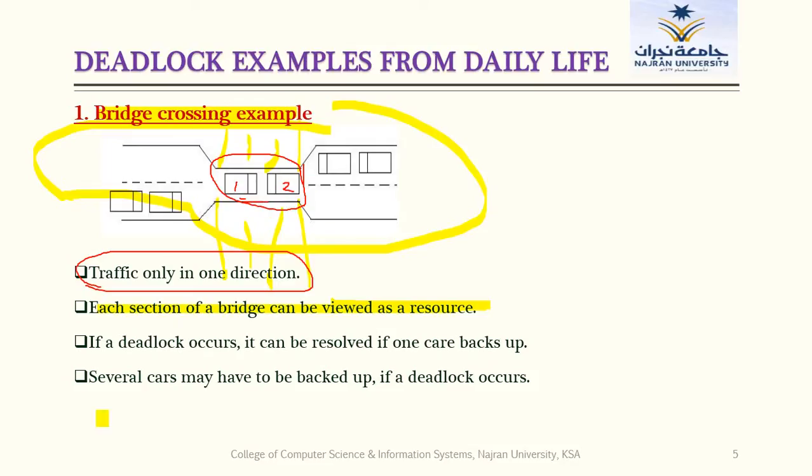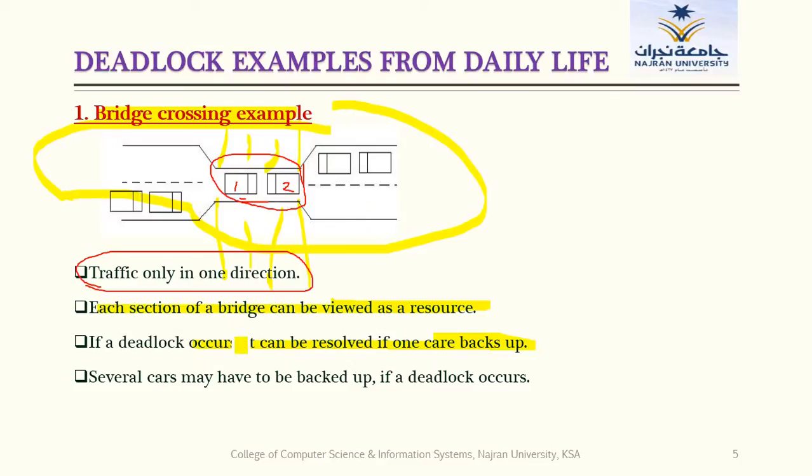If deadlock occurs, it can be resolved if one car backs up. Now what is the solution? Car 1 goes back and gives the way to car 2, or car 2 goes back and gives the way to car 1 to cross the bridge.